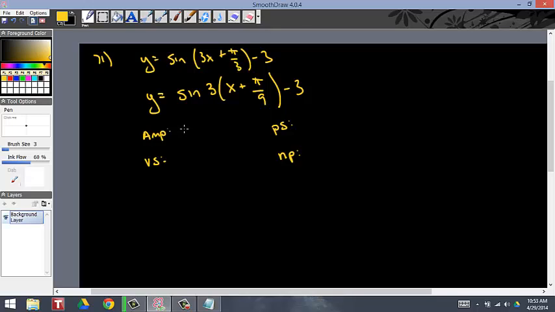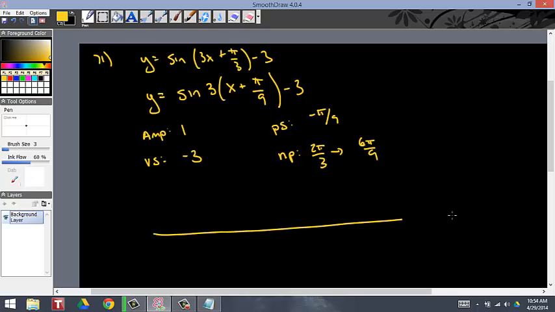The amplitude in this function is 1. The vertical shift is -3. The phase shift is negative pi over 9. And the new period looks like 2 pi over 3. But remember, we want a common denominator, so multiplying by 3 gives 6 pi over 9. Does that look familiar? Good.